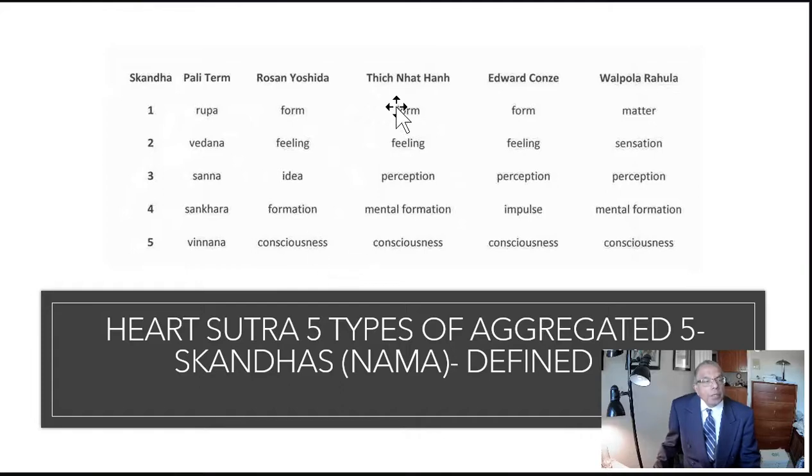Thich Nhat Hanh describes the same rupa as forms, and Edward Conze also described it as form, and our well-known Walpola Rahula, the most venerable Bhante Rahula, describes it as matter. The Vedana, everyone accepts as the feeling sensation module, except Walpola Rahula, who considers it sensation.